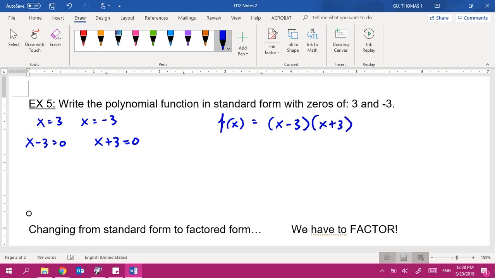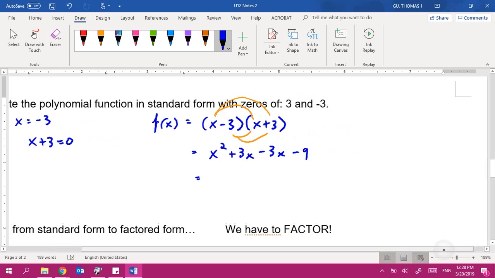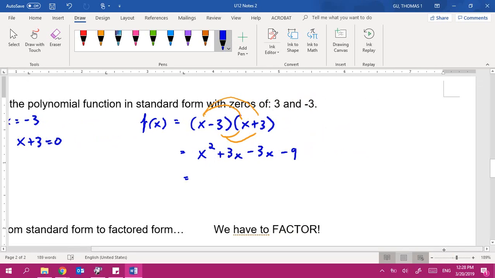Right, and then distribute. Okay. X squared minus 9, that's right. And that is your final answer. You guys did that one fast.